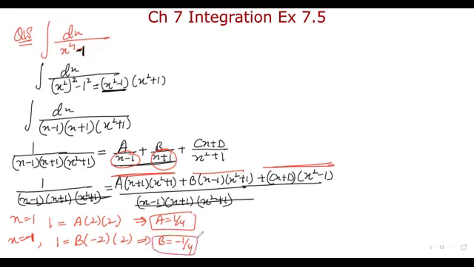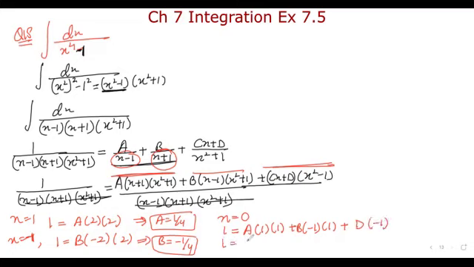Third value I am not getting because I am getting x square as minus 1. So I will put x is equals to 0. That is the easiest value we can have. So I am putting x is equals to 0 here. So this is 1. This will be A into 0 plus 1, 1, 0 plus 1, 1. Plus B into minus 1, 0 plus 1 is 1. Plus C into 0 means 0. Only D will be left here. 0 minus 1 is minus 1.